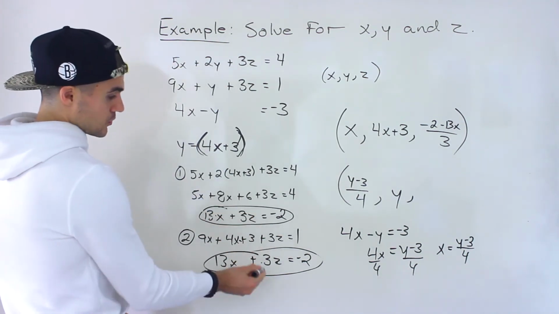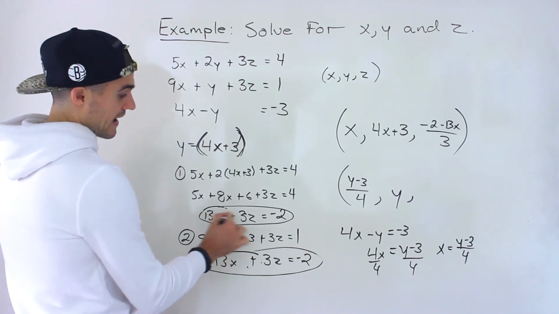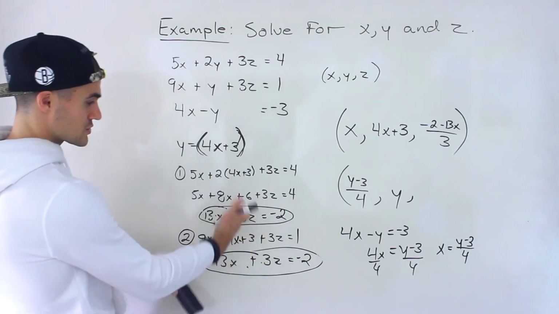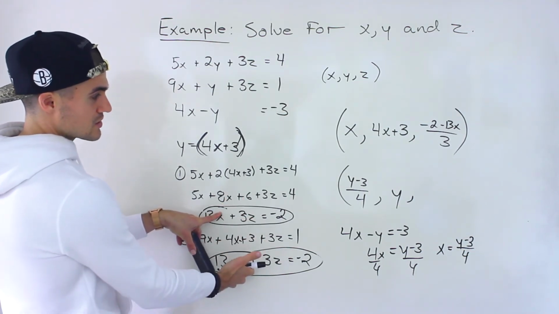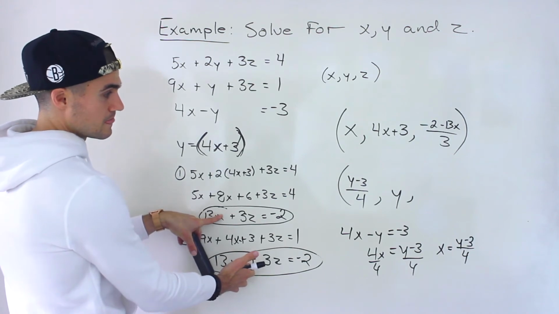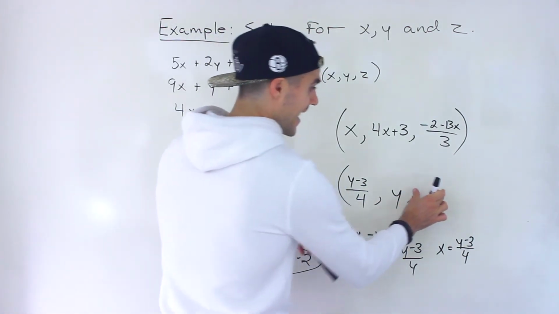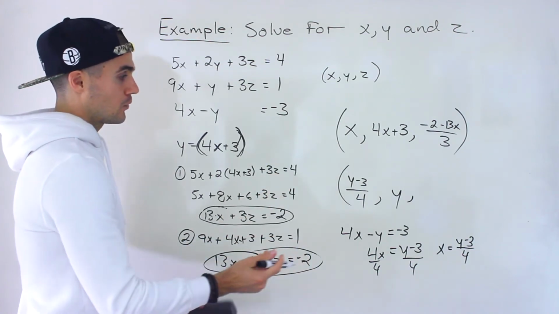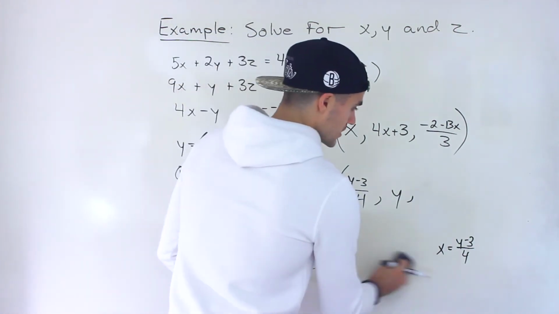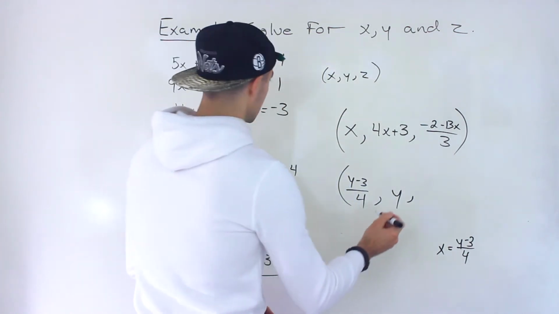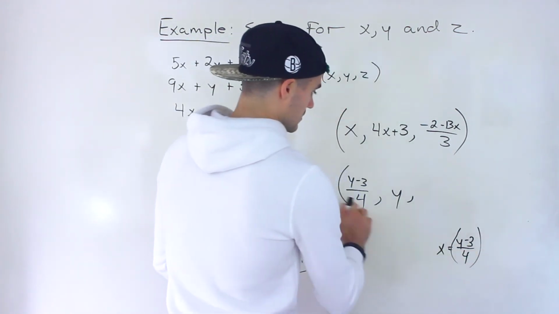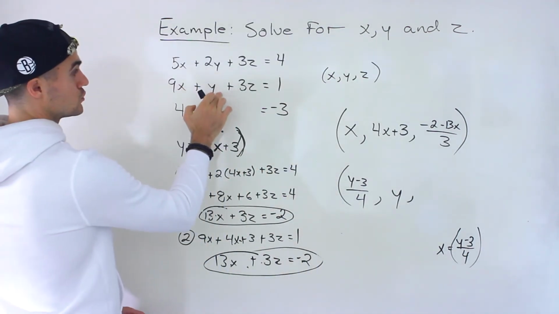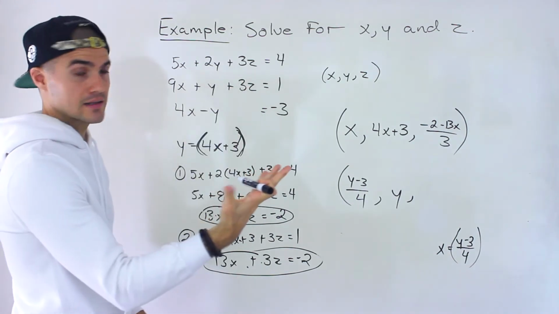But then we need to get the z in terms of the y as well. And we can't use these equations here, because those were in terms of x and z, and there's no y. What we have to do is take the x we already have in terms of y, plug it into one of these two equations, and then isolate for z.